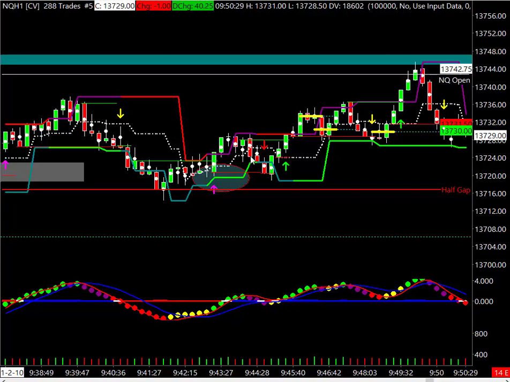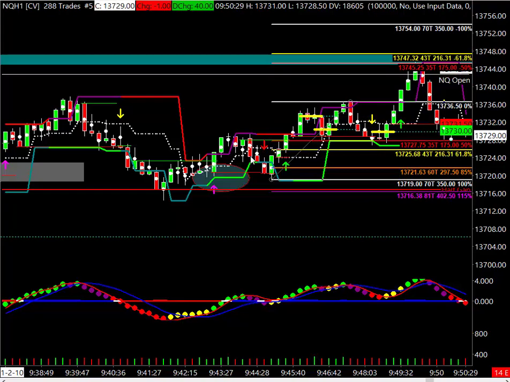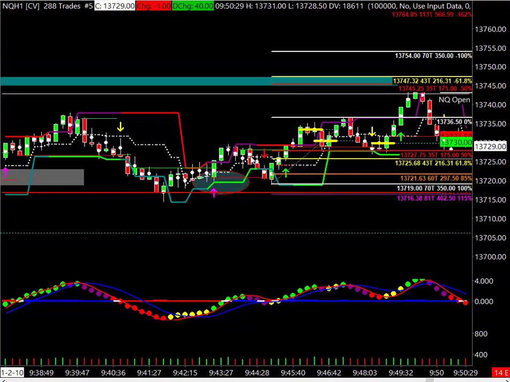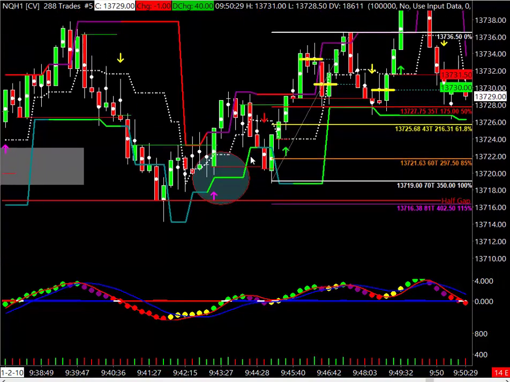Where were my longs here? Once we got in support, after testing this, I'm looking for, oh, wrong line. What is the pullback? Well, I did finally come into, let me make the camera bigger.